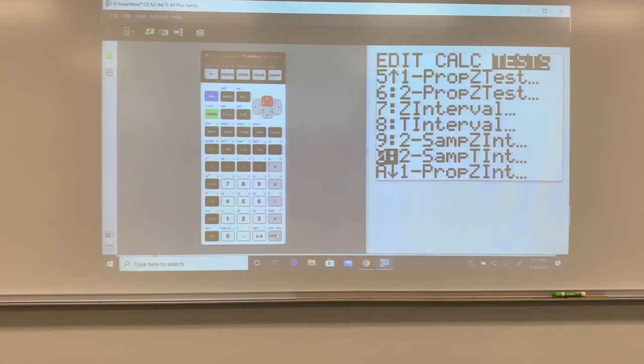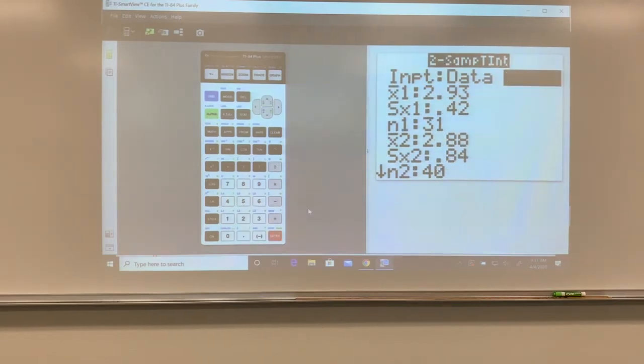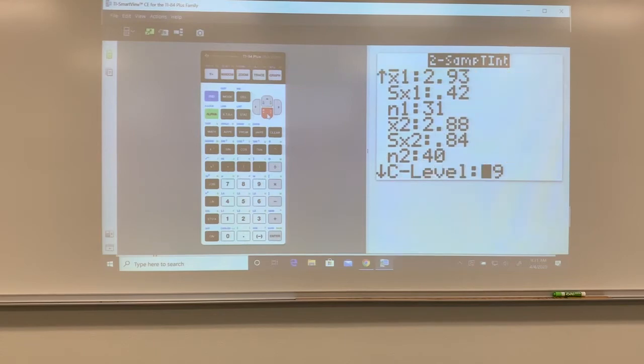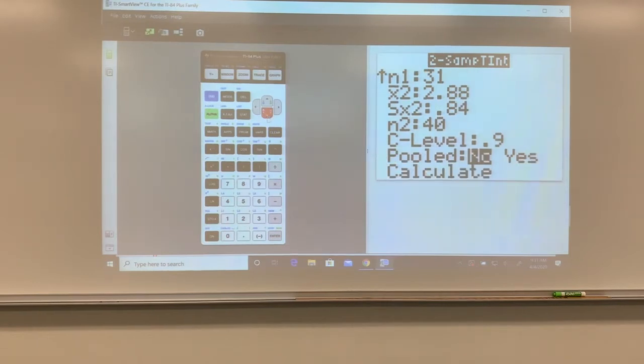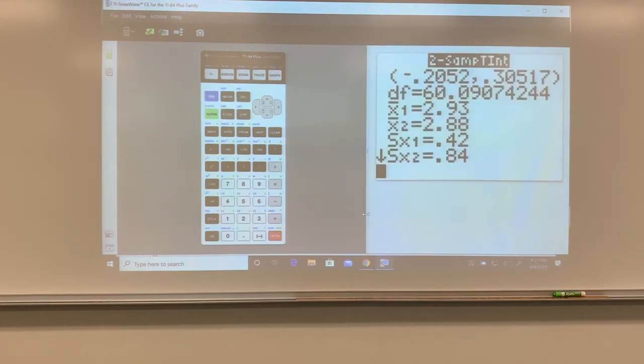All right, no problem. The data is probably in there, and it is, because the 2-sample t interval knows it's related to the 2-sample t test. So I'm going to go through the menu. It's probably going to ask me about pooled again. And I want an interval of 90. I got lucky on that. Pooled, no. I'm going to go ahead and calculate this.